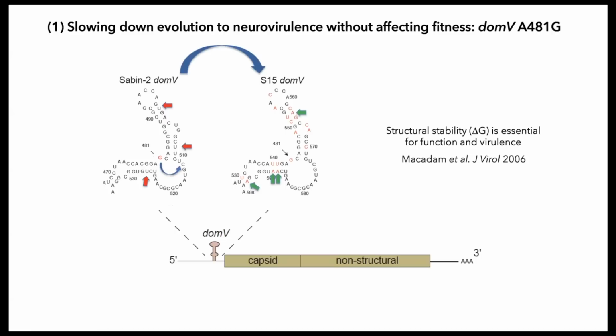And it was amazing that there was a strict correlation between delta G and neurovirulence, tested both in cell culture but also in animal models.